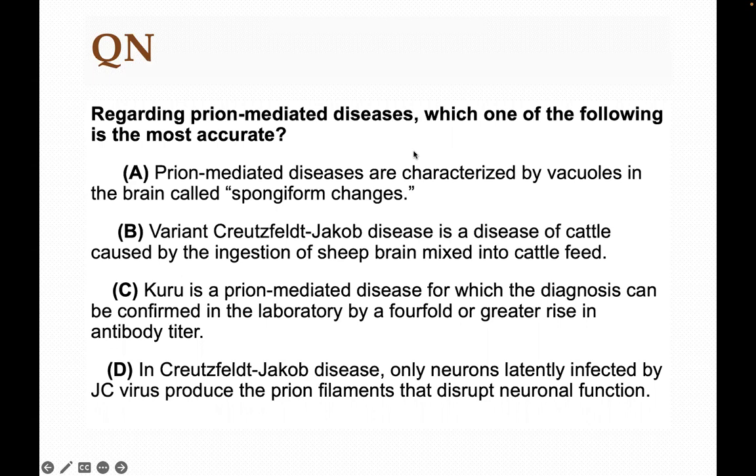Those will not inactivate these prions. But other methods like using sodium hypochlorite can, and if you use phenol or ether, they can also disrupt or inactivate these prions. So that's why, when you're sterilizing medical equipment, it's important to use sodium hypochlorite for those equipment that cannot be autoclaved.